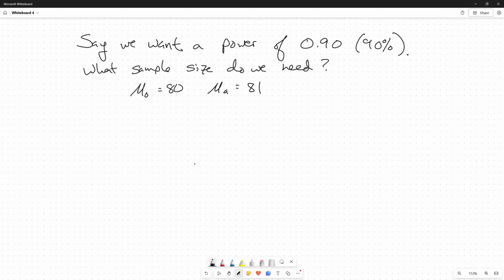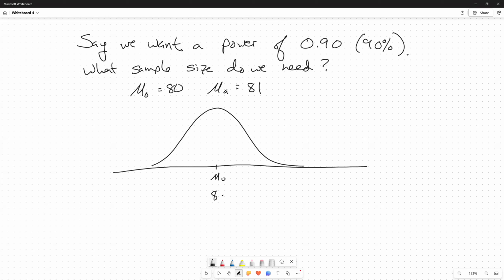All right, so to do this, let me just draw it first. Okay, there's mu naught, and we're going to write it as 80. And then we've got mu alternative, and that's 81. We are going to say that we're going to have our z 1 minus alpha.